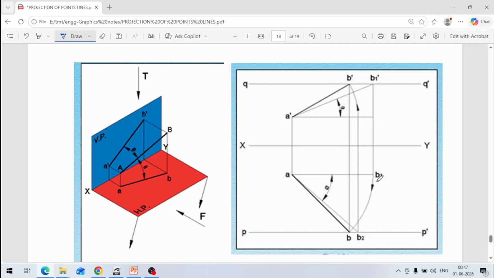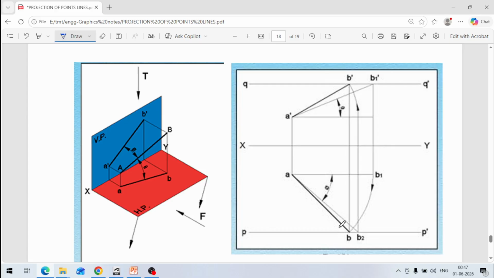If you draw this vertical line here, then with this as a radius, AB dash, you draw this arc like this, because already we have taken this line also. So it will cut here at this point, and this will be the projection in the vertical plane.